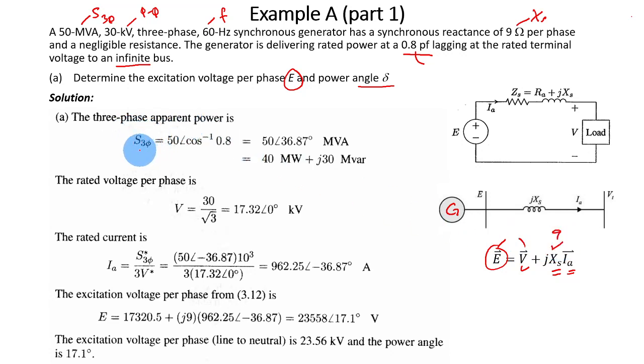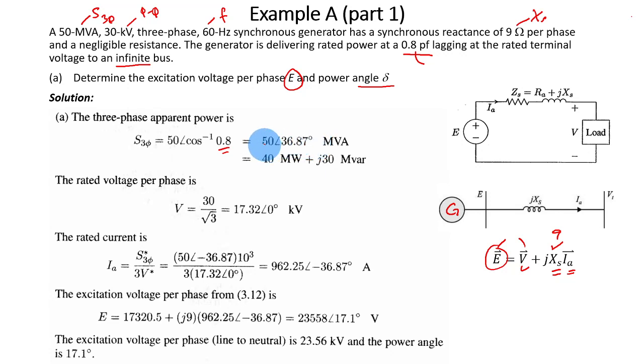Basically, we know that the three-phase power is 50 MVA at the angle of cosine inverse 0.8, where 0.8 is the power factor. If you do that, you will have the apparent power as 50 MVA at the angle of 36.87 degrees.